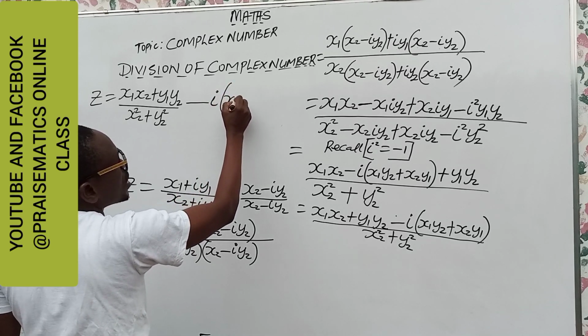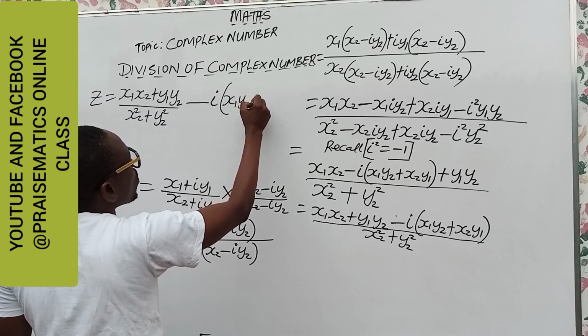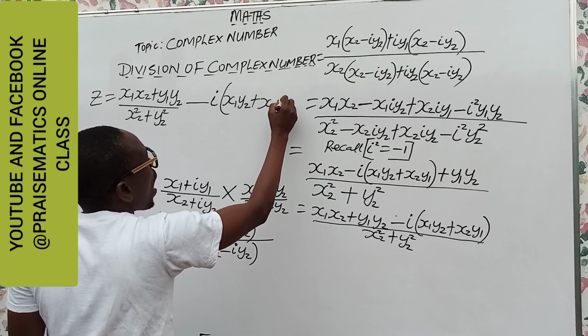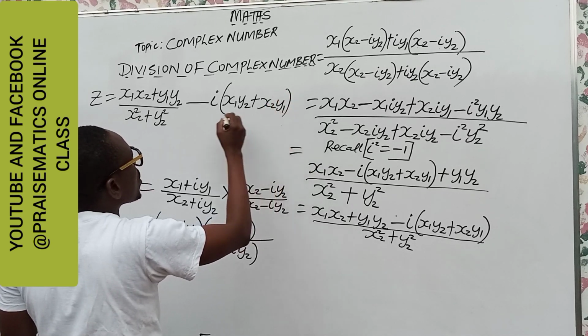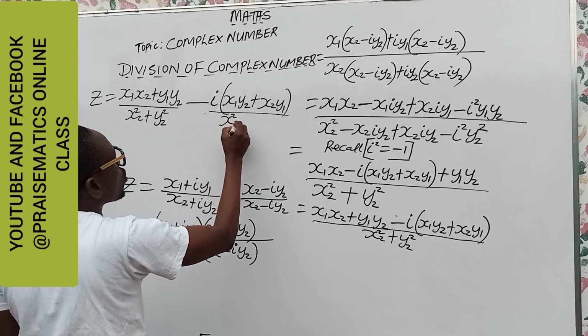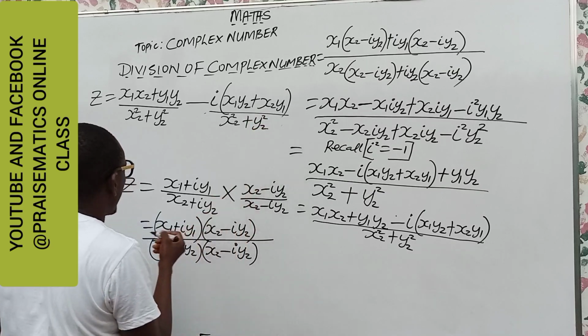into what? x1 y2 plus x2 y1, close it, all over also x2 square plus y2 square.